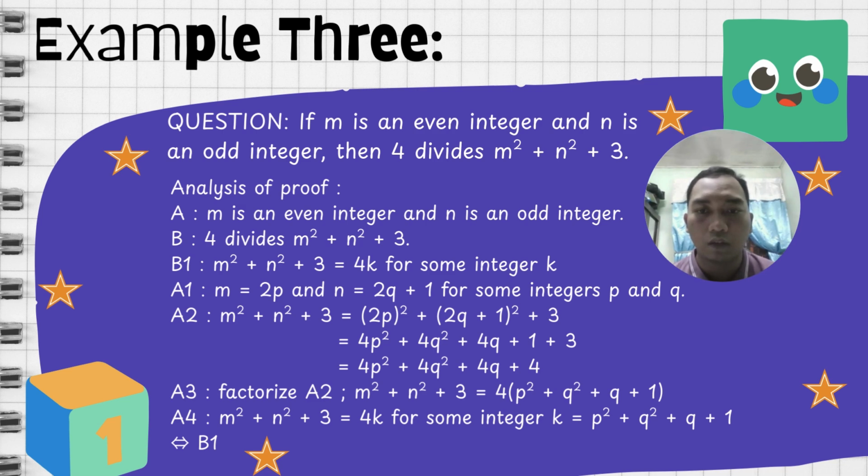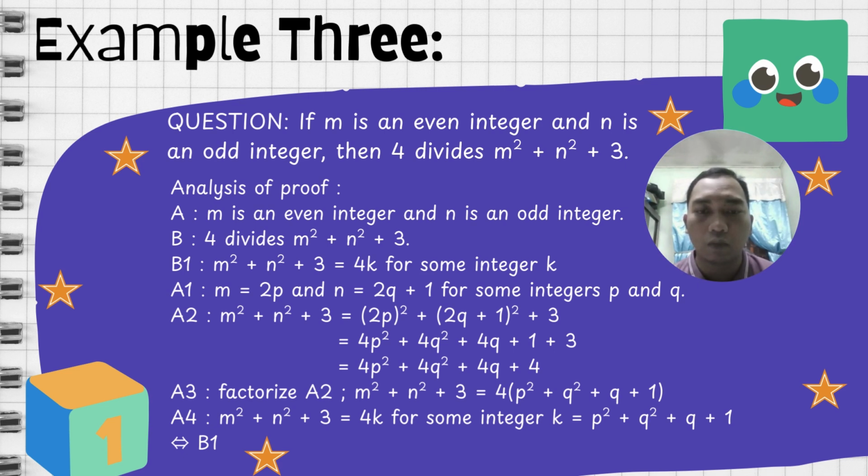Then we proceed with A2. We substitute the values m equals 2p and n equals 2q plus 1 into the expression. So we get (2p) squared plus (2q plus 1) squared plus 3. And then we expand the expression and we get 4p squared plus 4q squared plus 4q plus 4. Then A3, we factorize the expression in A2.